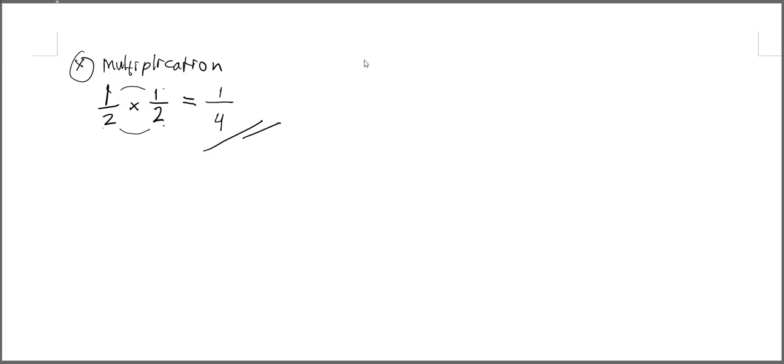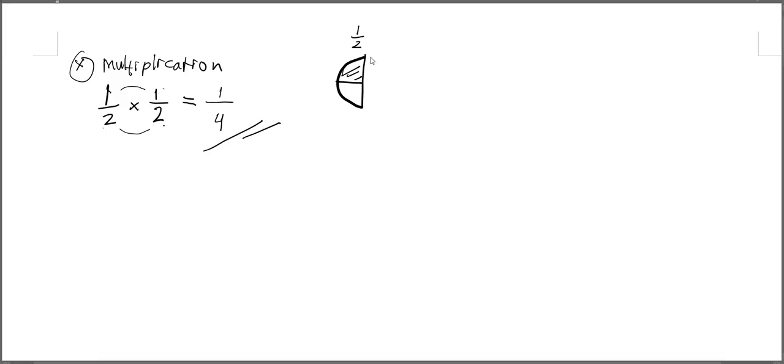For example, we have 1 of 2. We have a half of cake. This is a half. And we divide it into a half again here.